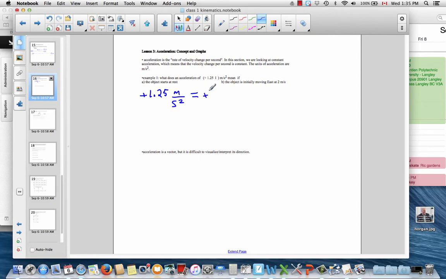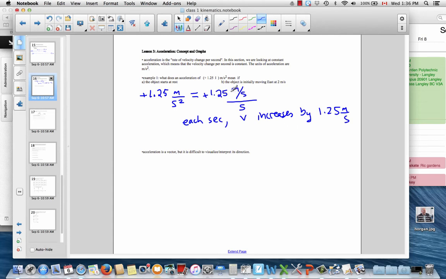So to understand the acceleration ratio, we need to unpack it a little bit and write it as follows. Meters per second per second. Now we can understand this. What happens? Each second, the velocity increases, so you're going faster and faster, by 1.25 meters per second.